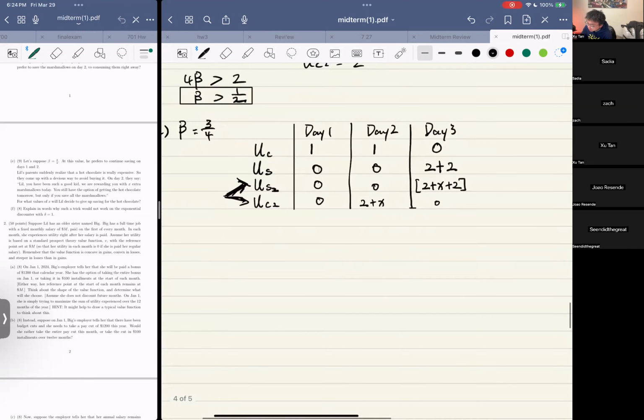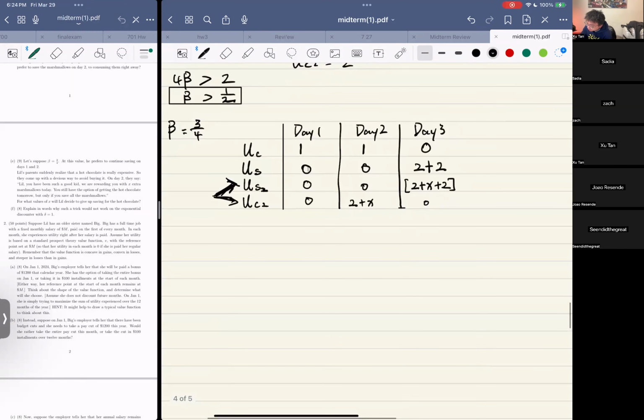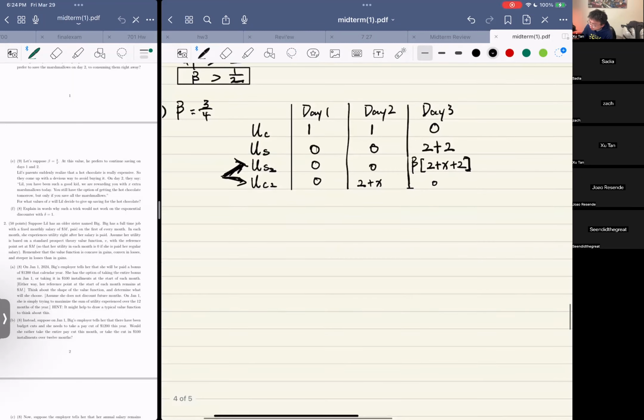Okay, now we're at day 2. We're trying to figure out what's the amount of X that, I should probably add all the beta and delta in it, so it's clear. Okay, we're at day 2.